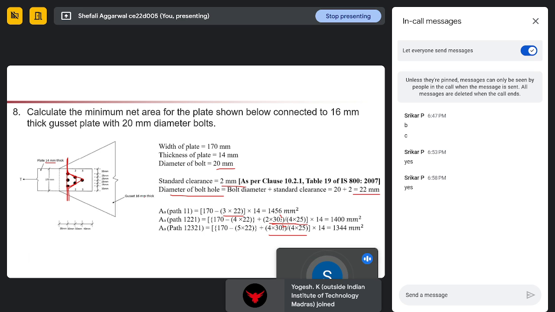So in this second part, first part is simple. We are calculating, and in the second part, what we are doing? The width minus these terms plus the effective area we are taking due to pitch. In this case, our pitch is 30 mm. So, what was the formula? It's not 2p square divided by g.